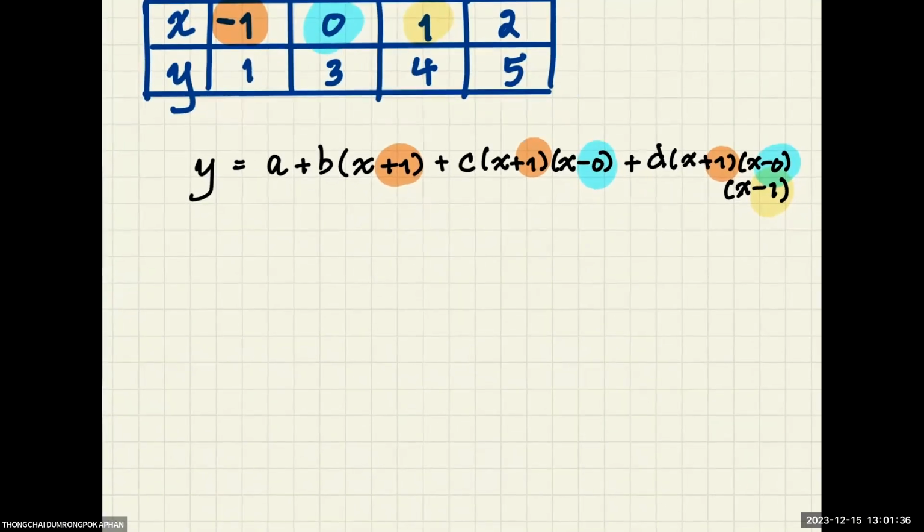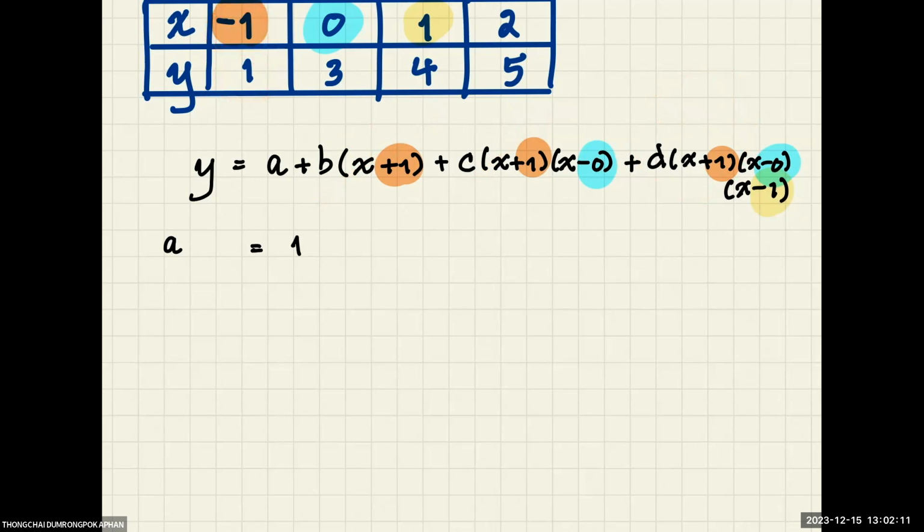At the first point, you get a equal to 1. Why? Because if I plug in x equal to minus 1, I get minus 1 plus 1, which is 0, in every term, so a is equal to 1, which is y.